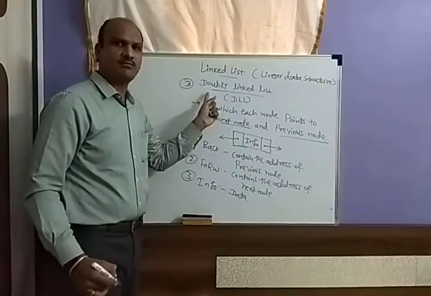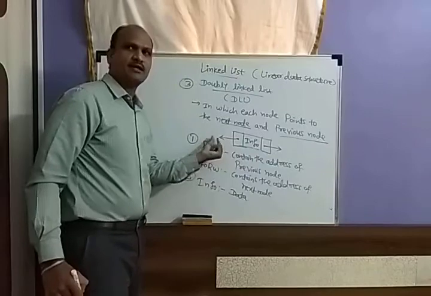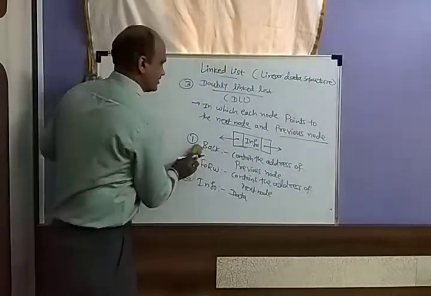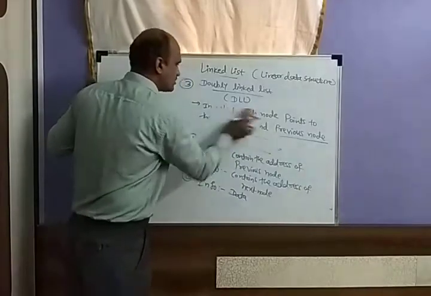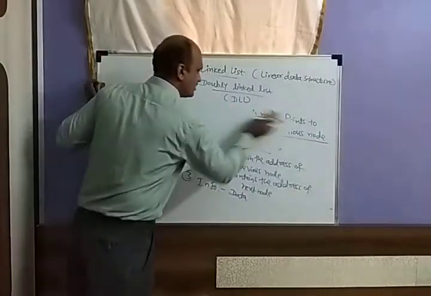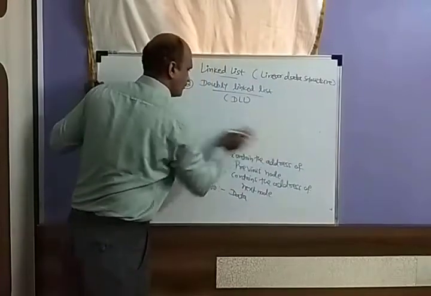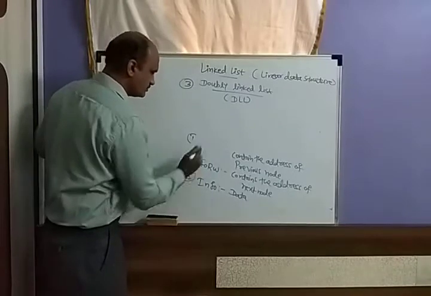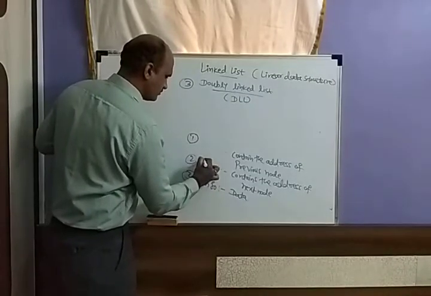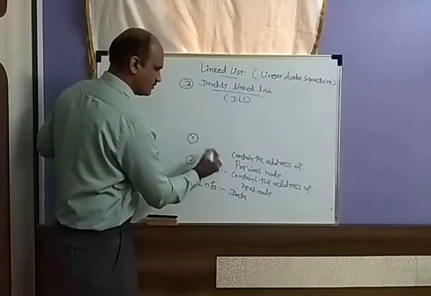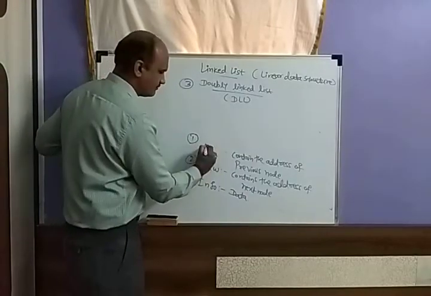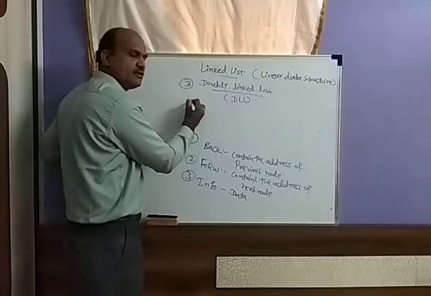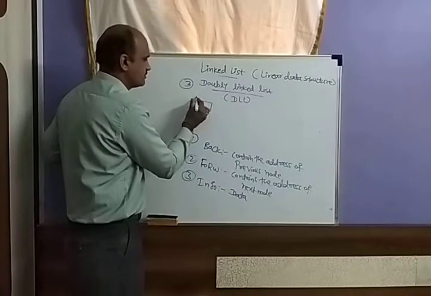That's why it is called doubly linked list, pointing to the back and pointing to the next node. When you go for this doubly linked list, it will be shown like this. You have back, and it starts with the start node.